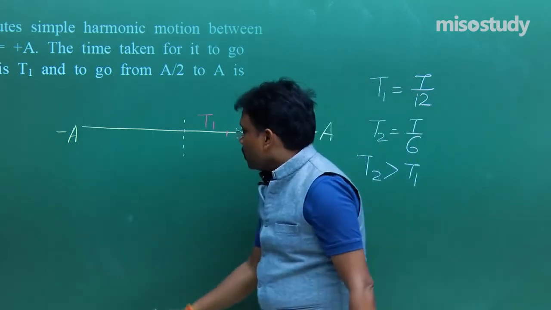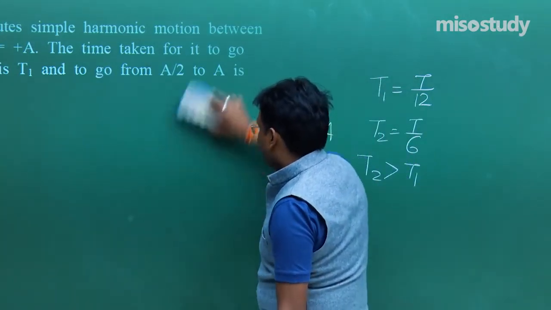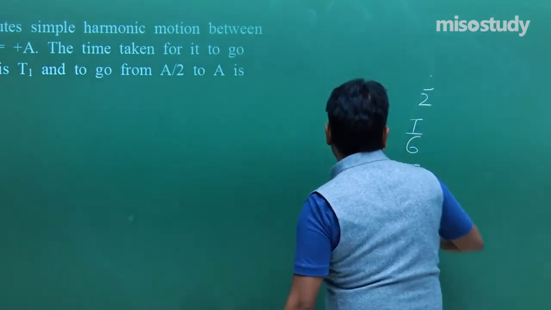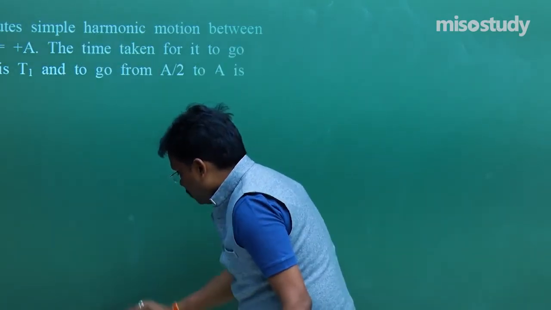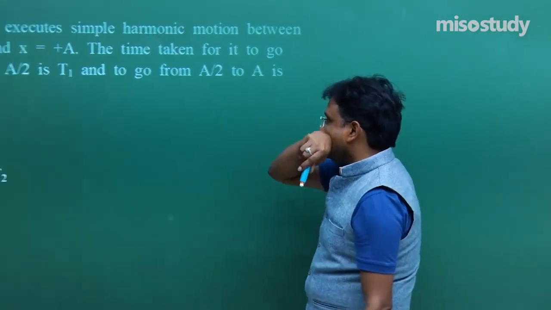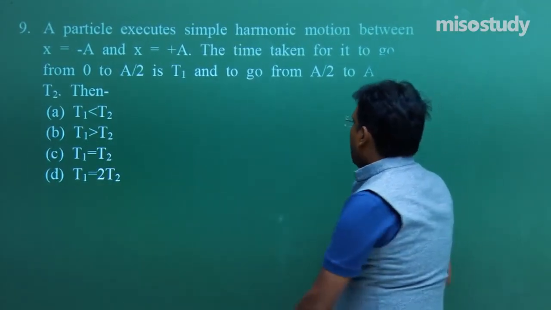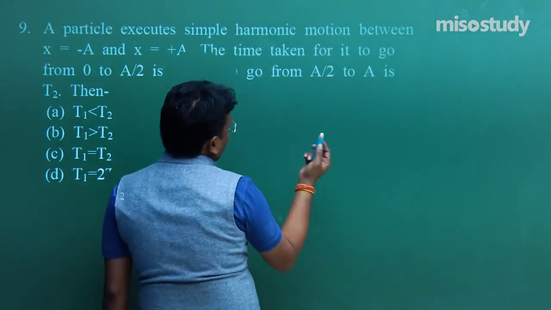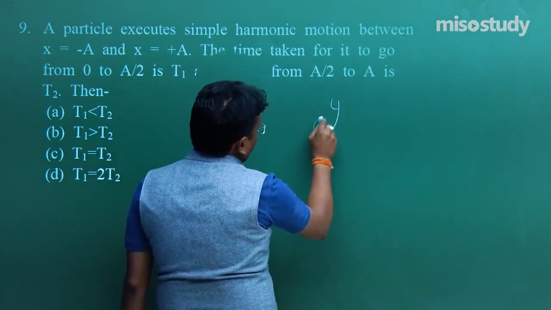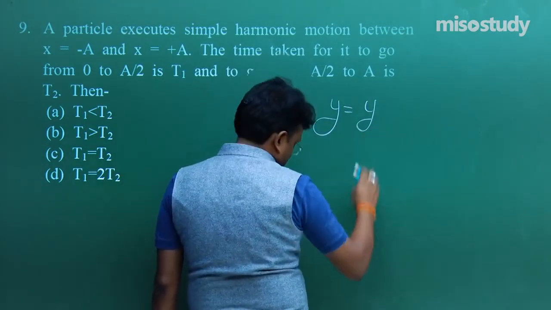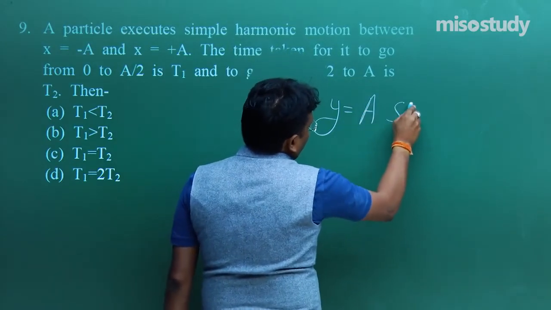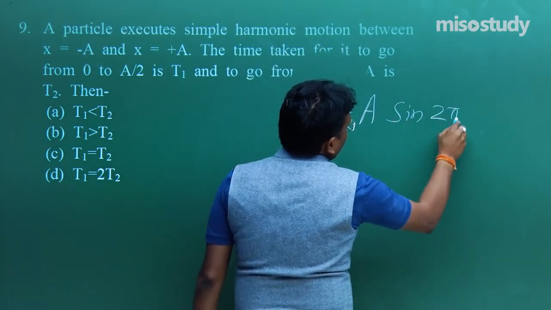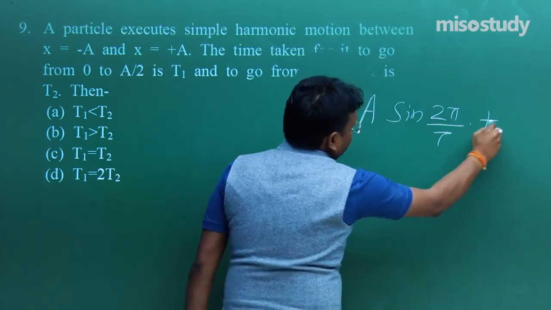Okay. You don't love paintings, you don't like art, no problem. I know you are very brilliant students and you love physics and a lot of mathematics. So let's do it that way. Now, please try to understand in this fashion. y is equal to A sine (2 pi upon T) into t.